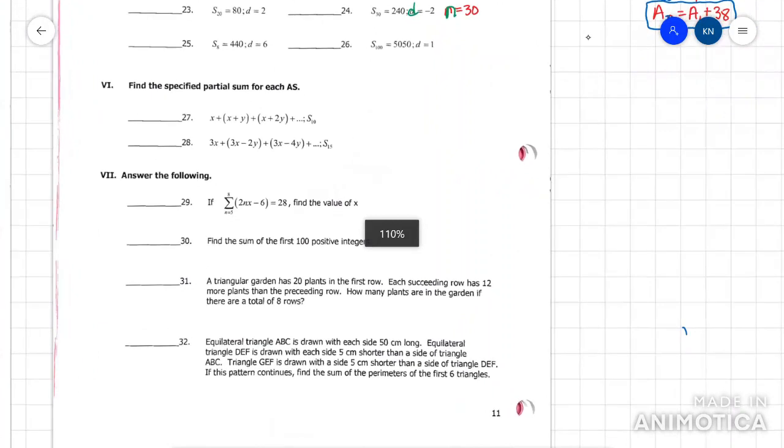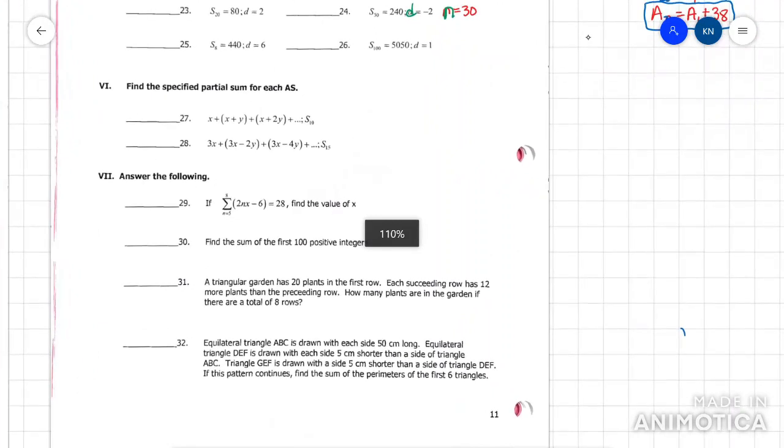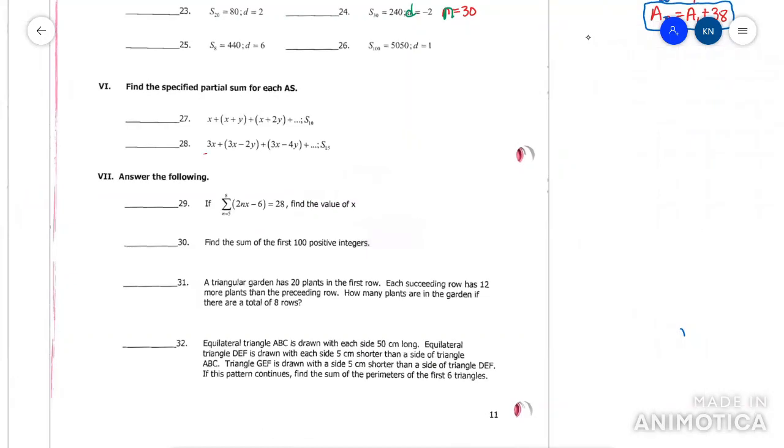Now they want the specified partial sum. I'll do the second one here. Basically, you know A1. And if you look from this first term to the second term, we subtracted 2y. So your rate is minus 2y.